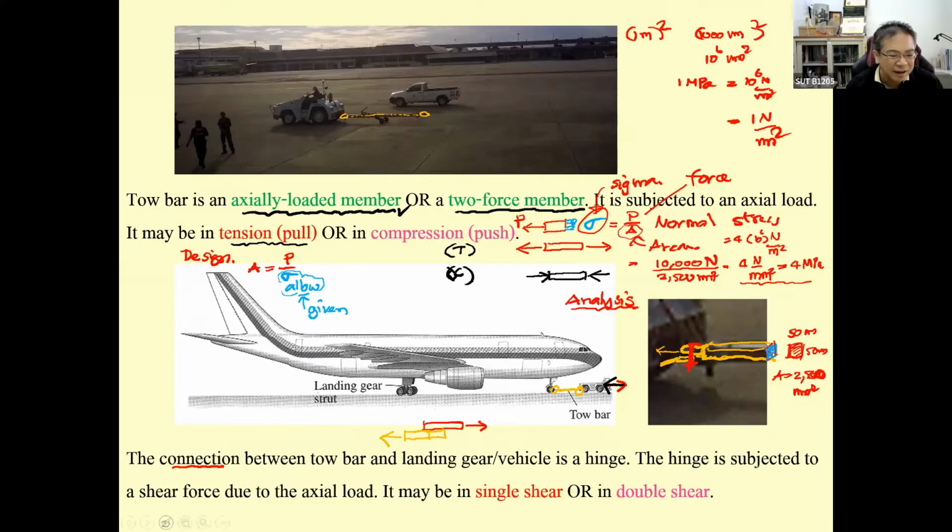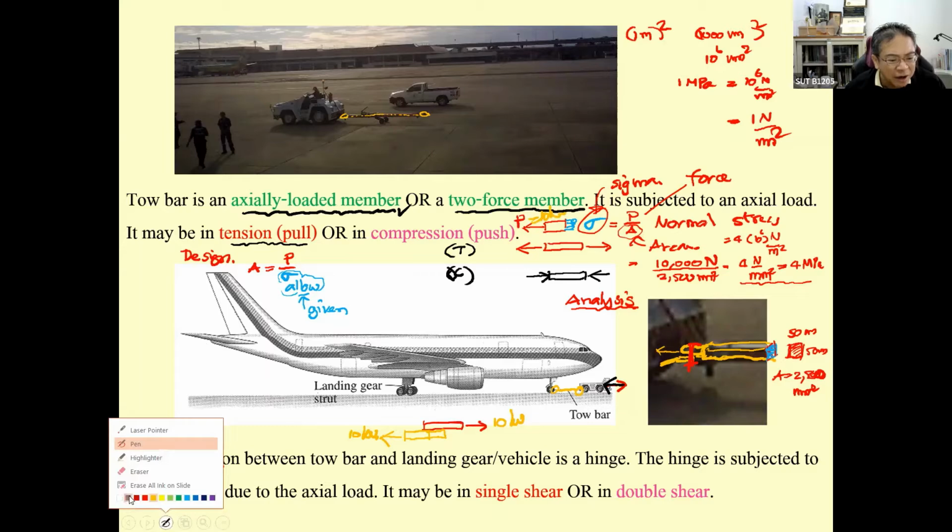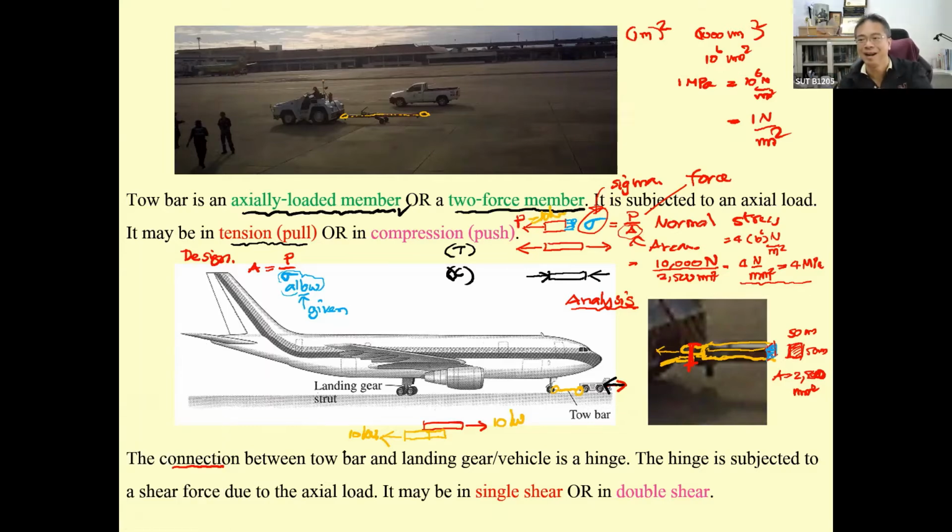Say this pulling force is 10 kilonewton. That means it's going to produce 10 kilonewton, the same as the 10 kilonewton here. What happens is this one will connect by the ball. This is the ball, and the ball is going to connect them together. That means the ball is used to transfer the force.